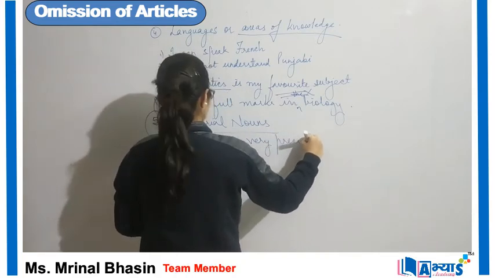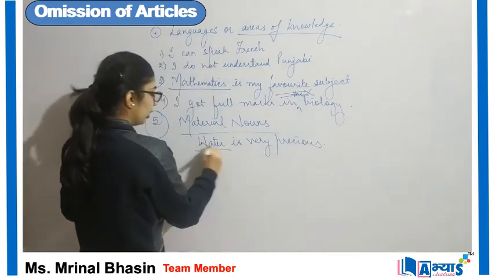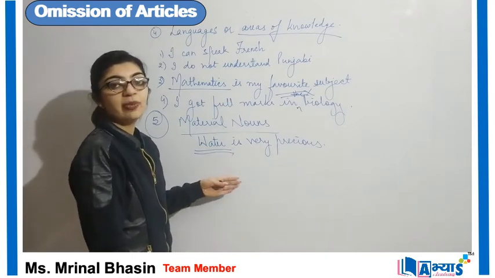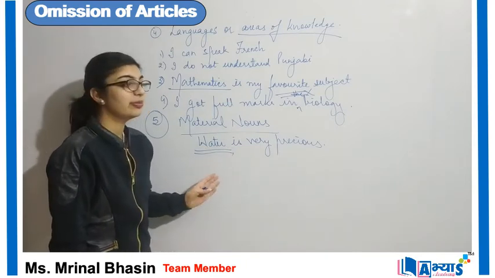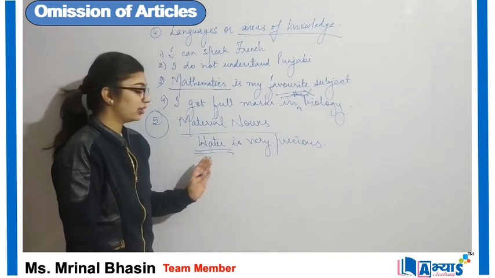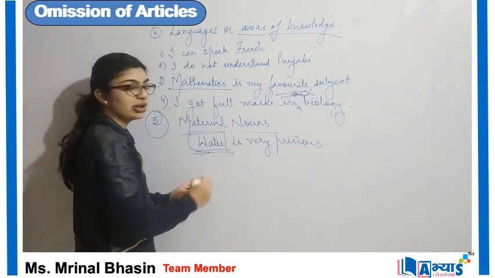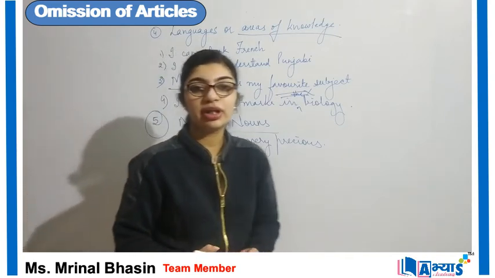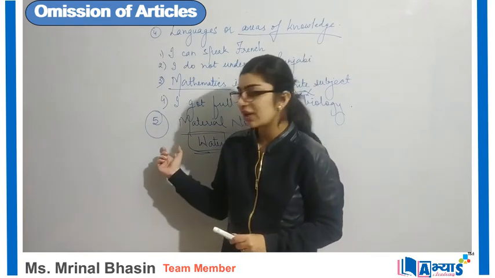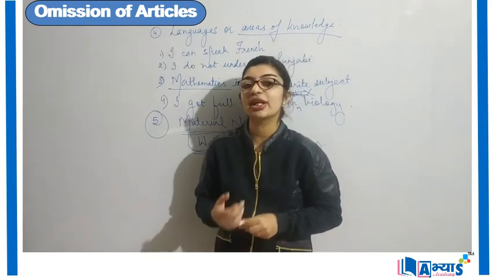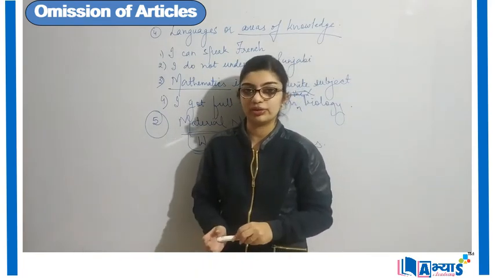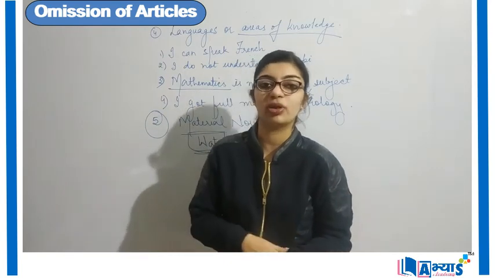Now water over here is a material noun. Therefore, we never use the or a before water, right? When we are using water as a term in our sentence, we will never use an article before water.